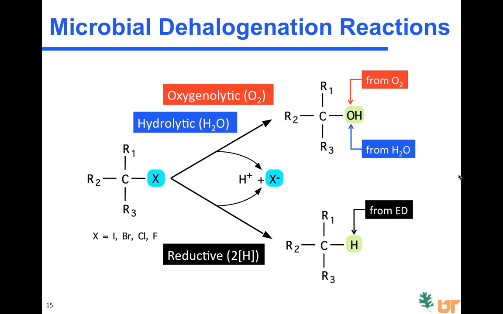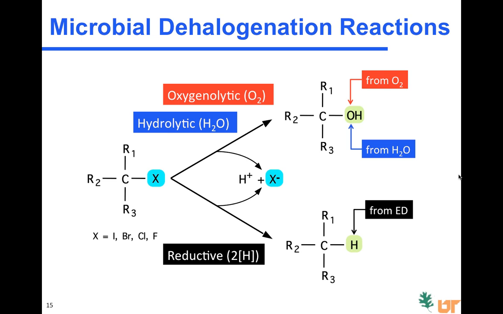The oxygen can also be derived from water. Then we call it hydrolytic dehalogenation. So this is a big difference, because when you have oxygenolytic dehalogenation, you require oxygen. Hydrolytic mechanisms can also function in the absence of oxygen. So that's important to remember.